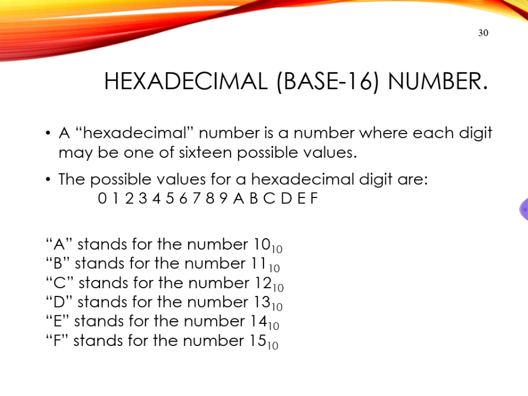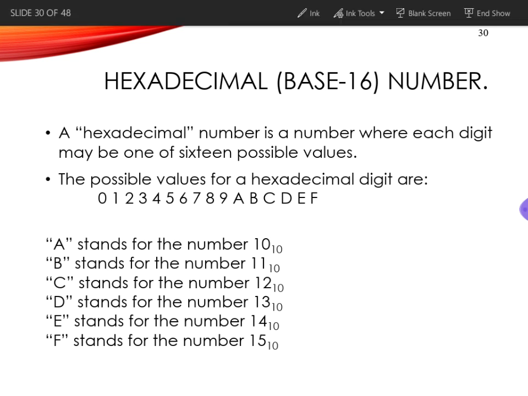The values are 0, 1, 2, all the way to 9, and then A, B, C, D, E, F. And in hexadecimal, A, B, C, D, E, F is equal to 10, 11, 12, 13, 14, 15 in decimal values.